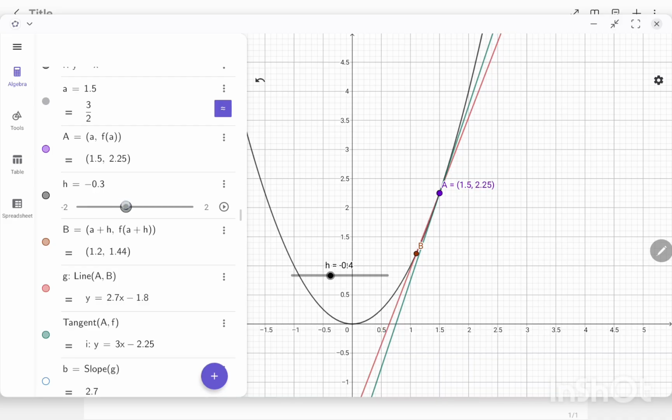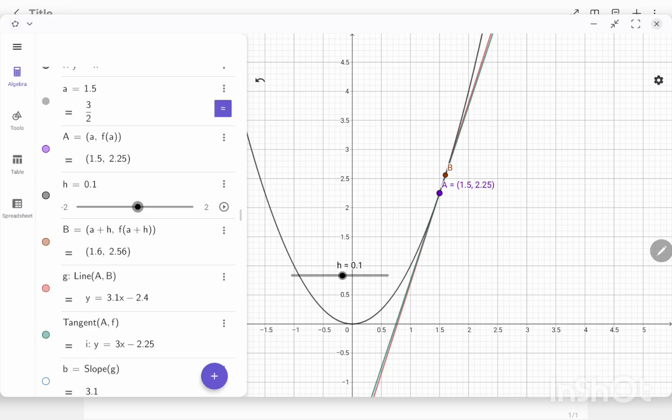When I move further, it keeps on increasing. So when it is just close to 0 on the left, it is 2.9, and when it is just close to 0 on the right, with h equal to 0.1, it is 3.1.